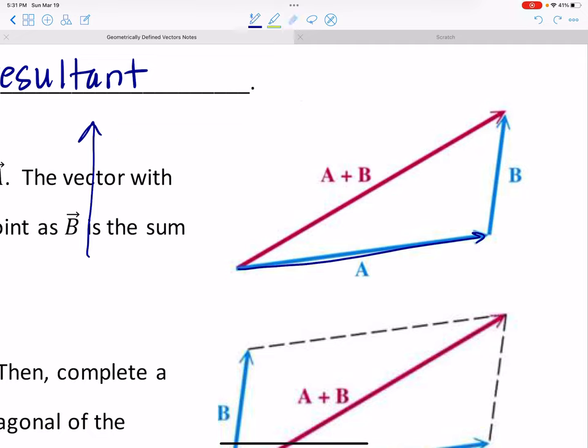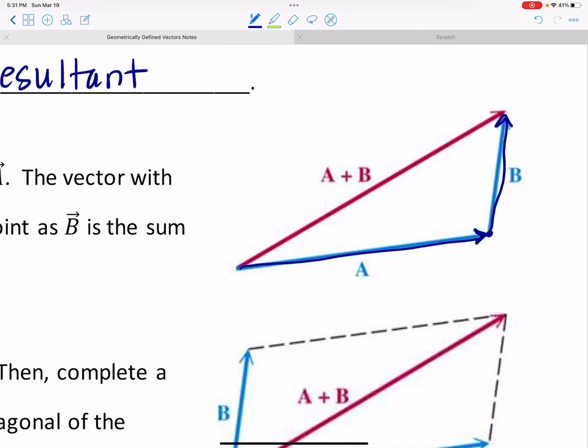When I say head to tail, the terminal point of a coincides with the initial point of b, so that I'm looking at a ending and then b beginning and landing here.